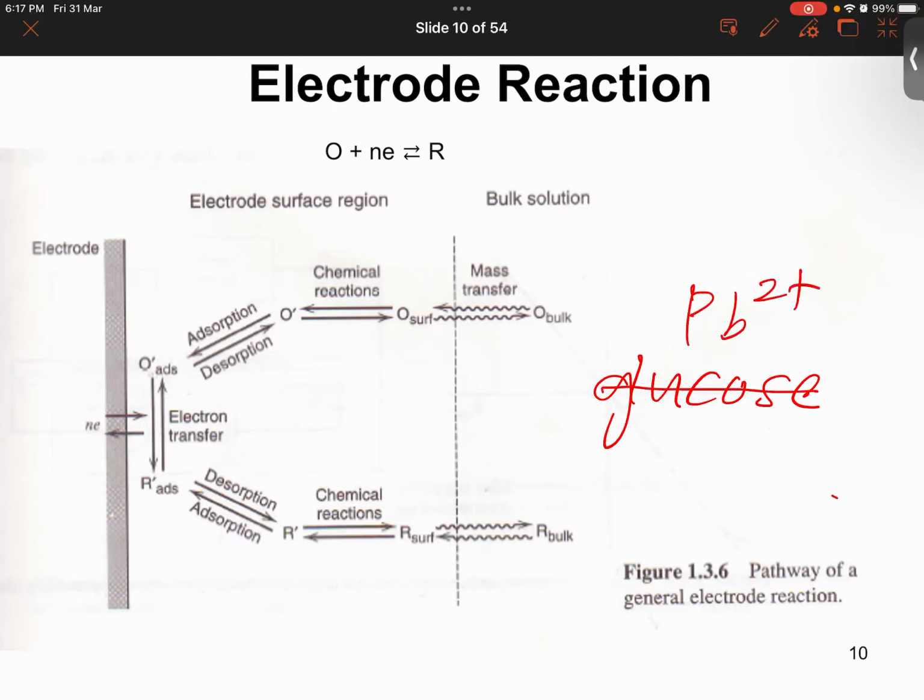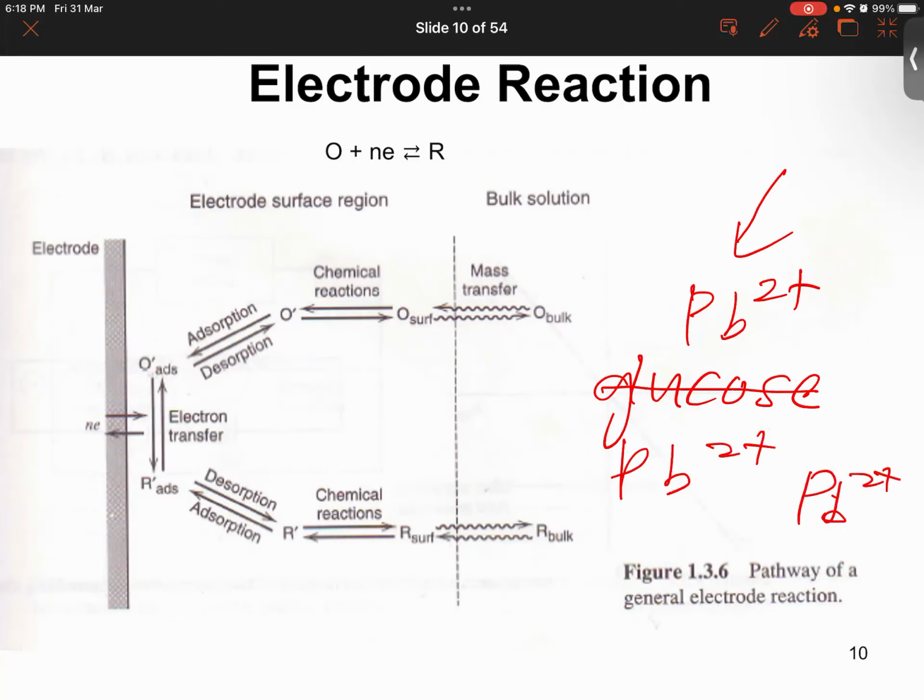So you have dissolved the plumbum ion. Now you want to identify the concentration, or you want to confirm that Pb2+ is in the sample. So you dissolve the salt, or you have the samples, you do some pre-treatment. So you have to imagine that you have a lot of Pb2+ in the sample.